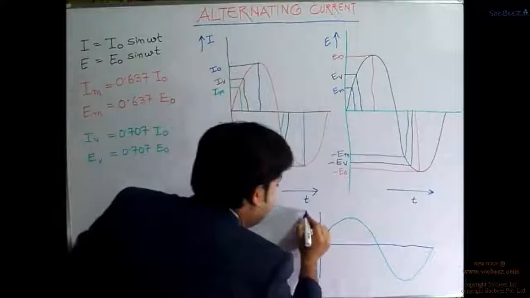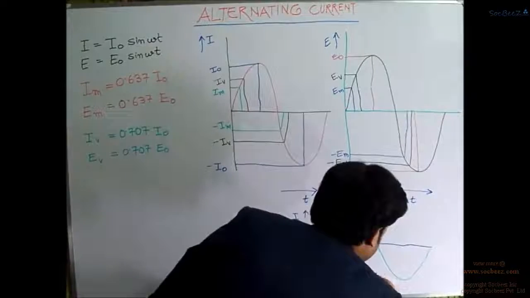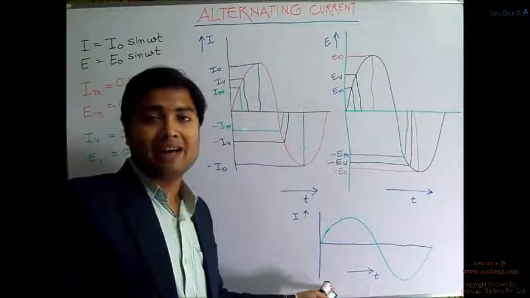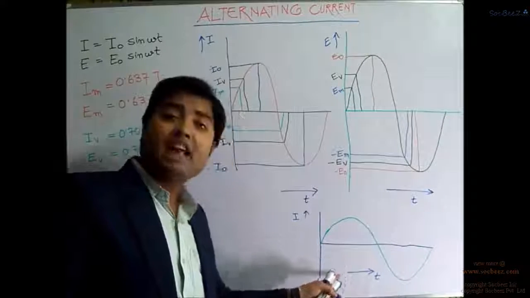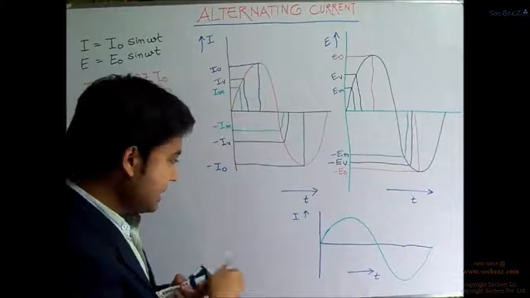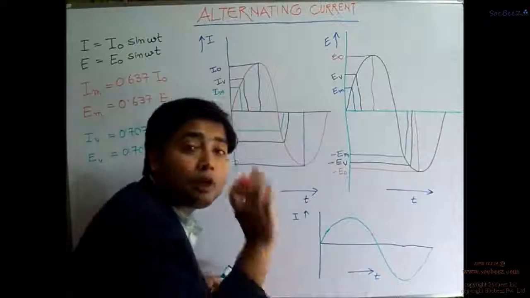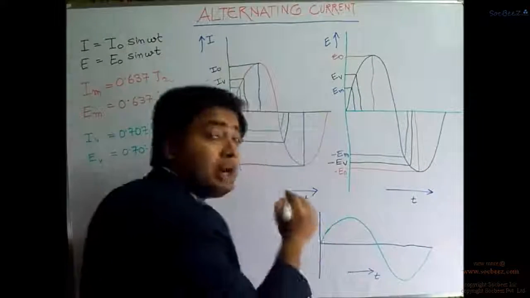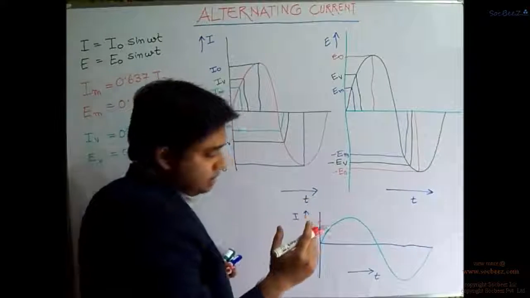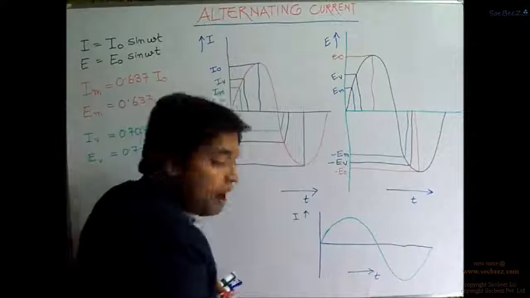So we have taken over here this as I, and over here we have taken T, right? So we can understand that over here, if we take a very small interval, say for example we are dividing this entire time period of T into, say for example, 1, 2, 3, 4, like 8 parts, okay?